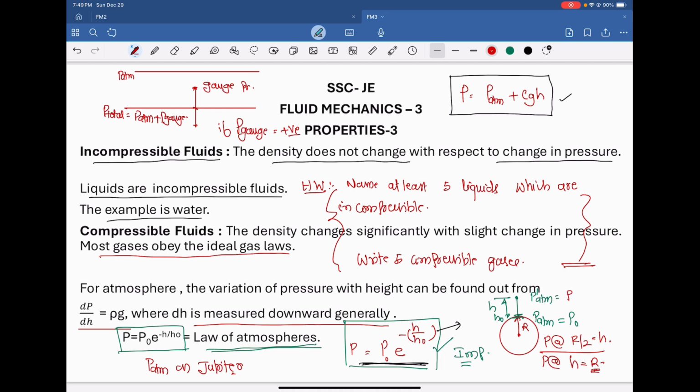This is gauge pressure. Let us not take it as a P atmosphere. This is gauge pressure. This is P atmosphere.